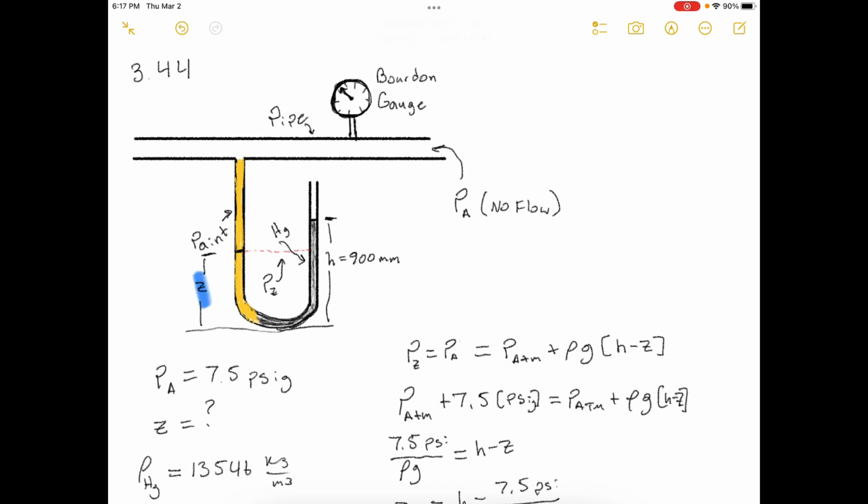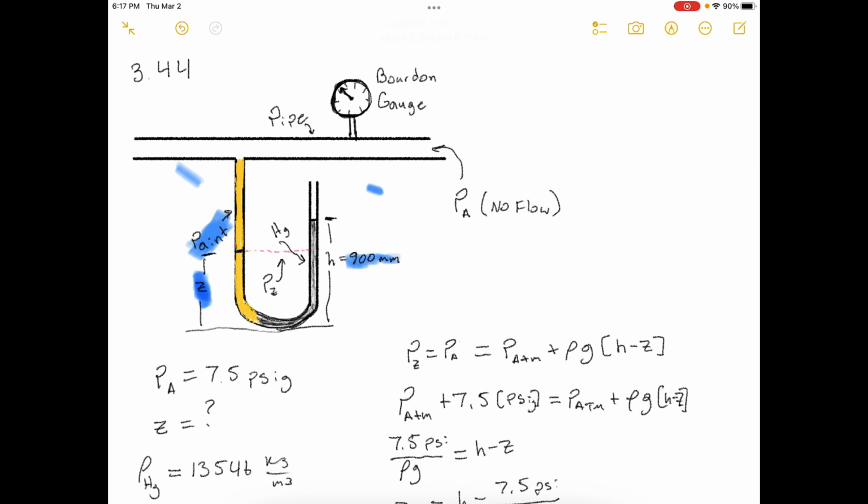Okay, this is the diagram that they gave to us. We don't know what's on this side of the manometer because yellow paint was spilled on it, and so we can't see the other end. So we assume that the pressure in the pipe is going to be higher than the air pressure, so Z is going to be smaller than 900.